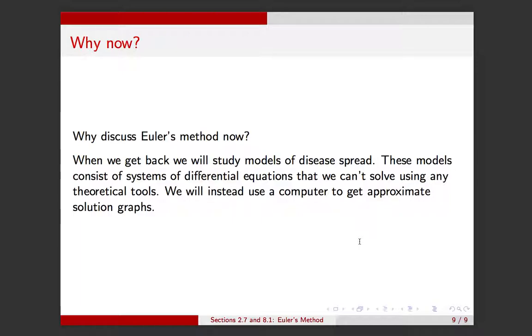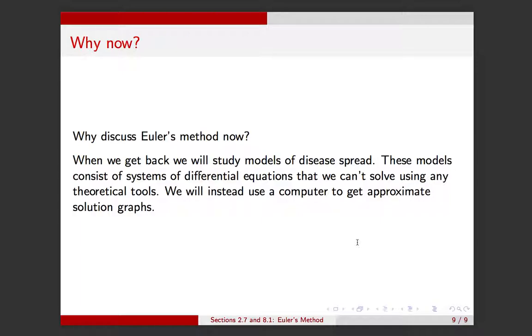These models consist of systems of differential equations that can't be solved using any tools that we have. In particular, they cannot be solved using the tools from chapter 7. So, we will not be using any sort of analytical theoretical technique to solve those DEs. Instead, we will hand those systems over to a computer to get approximate solution graphs.